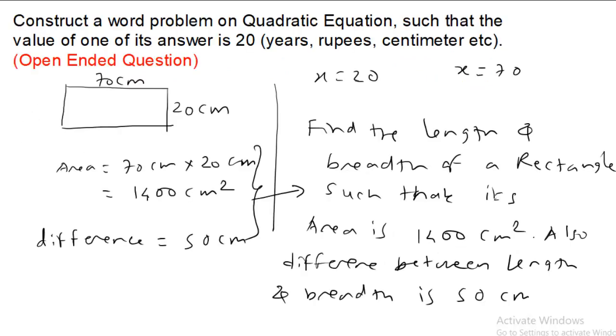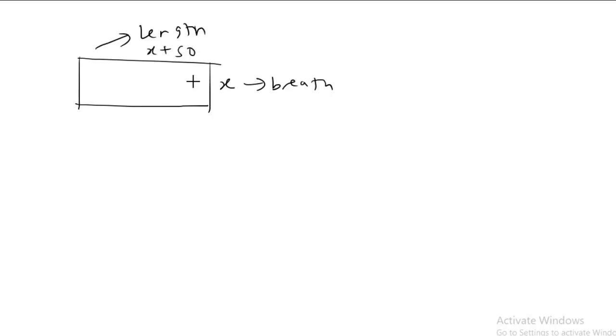According to the situation, we are considering the area as 1400 centimeter square, and the difference between length and breadth is 50 centimeter. So you will think of a rectangle whose breadth is, suppose, x, and the length will be 50 centimeter more than the breadth, that is x plus 50.